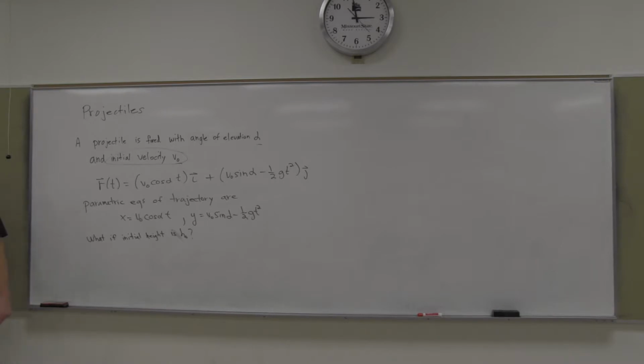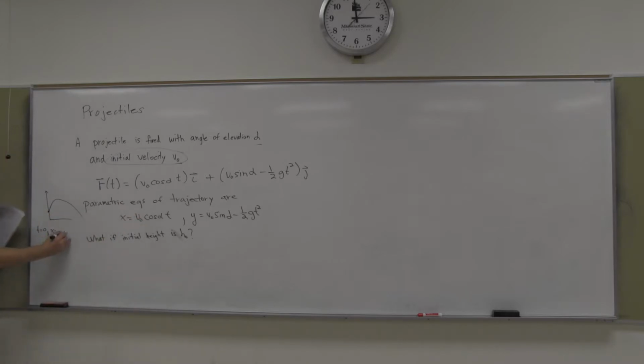Well, the initial height is at time 0, right? So all that's changing, if we go back to our little diagram here, instead of height 0, I start here at a different height. So what is that going to mean? Well, all it means is that my x value initially is still 0. So I'm starting here at t equals 0. The x value is still 0, which is what you would have here.